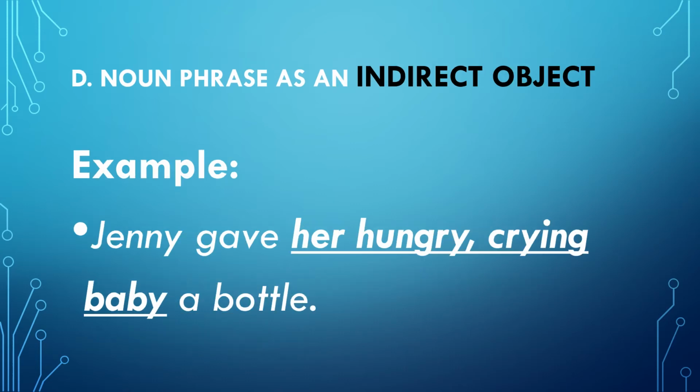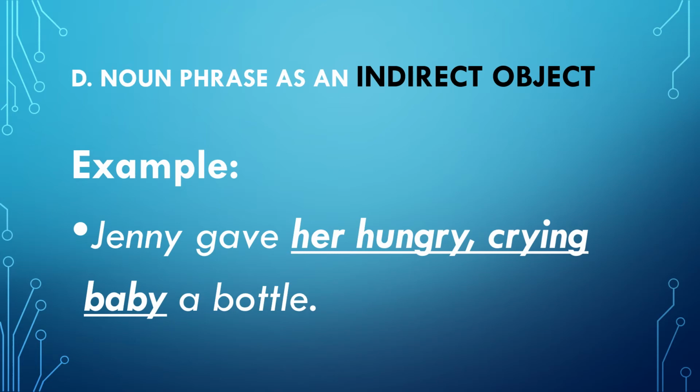Lastly, noun phrase as an indirect object. Okay, what is an indirect object? An indirect object indicates to whom or for whom the action of the verb is performed. It comes before the direct object.